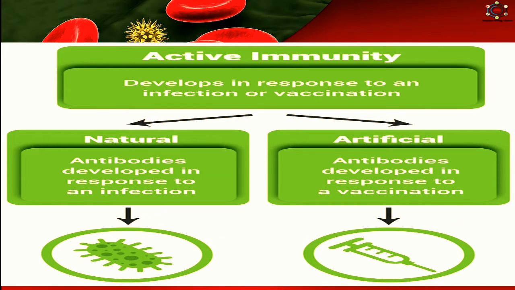Acquired immunity is of two types. The first one is active immunity, which develops in response to an infection or vaccination, and is of two types, natural and artificial. Natural is like the antibodies developed in response to an infection, and artificial is antibodies developed in response to a vaccination.